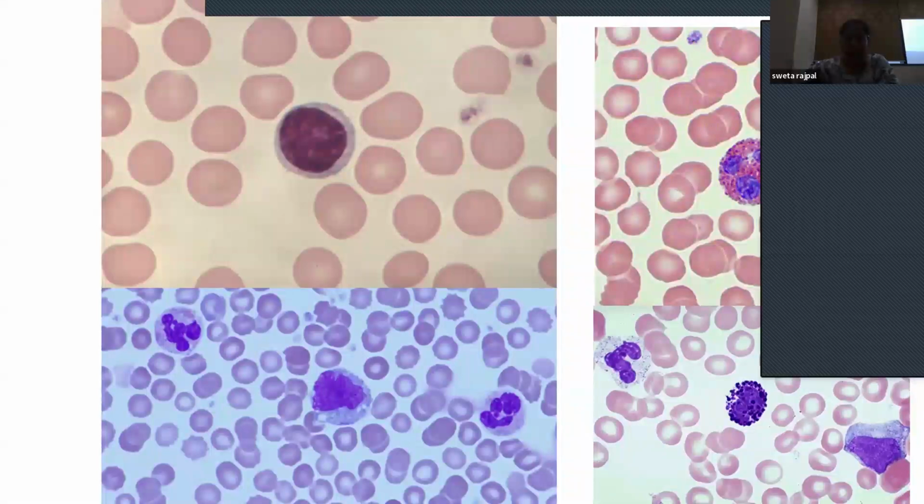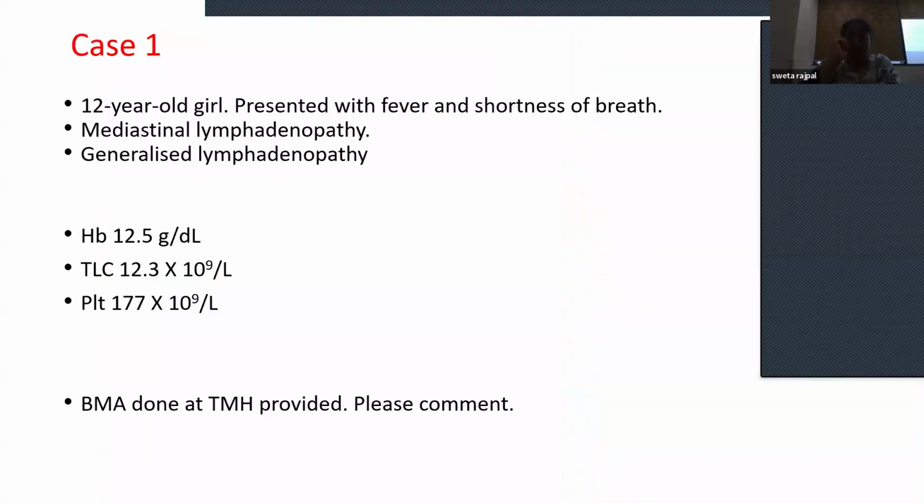Before going to the cases, I thought I'd revise the cells we see in the smears. Case one is a 12-year-old girl who presented with fever and shortness of breath, mediastinal lymphadenopathy and generalized lymphadenopathy. The hemogram was nearly preserved with a slightly elevated leukocyte count.